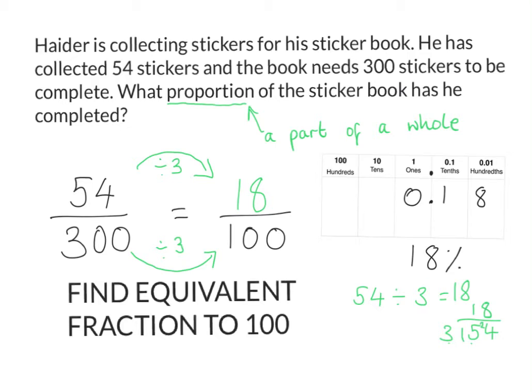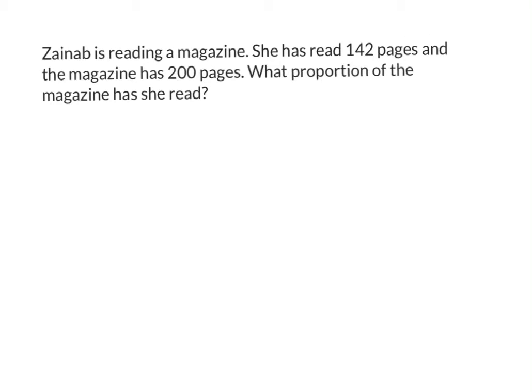Okay, let's have a look at another example. Zainab is reading a magazine. She has read 142 pages and the magazine has 200 pages. What proportion of the magazine has she read? Remember, this word proportion means a part of a whole. So I'll start you off this time. I'll put the fraction, which is this. 142 she has read and there are 200 altogether.